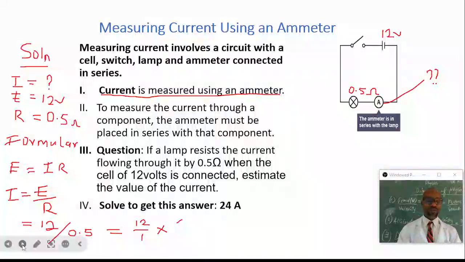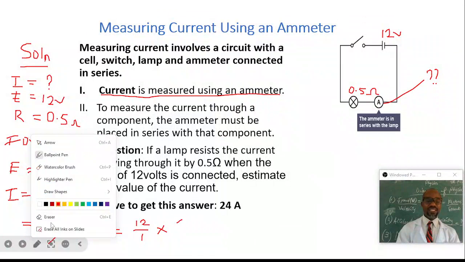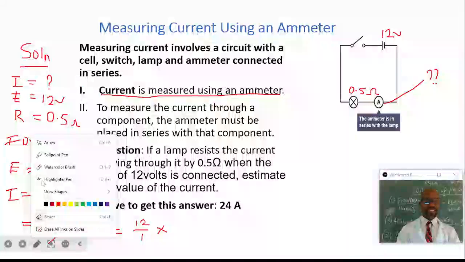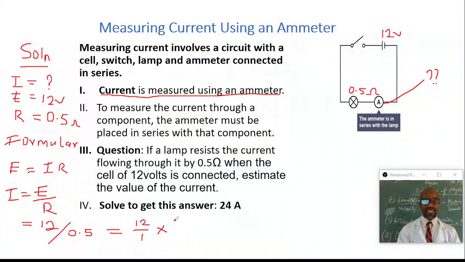We have 12 all over 1, times 10 all over 5. Of course, 0.5 simply means 5 all over 10, but because we have converted using the multiplication sign, it's going to be this way.